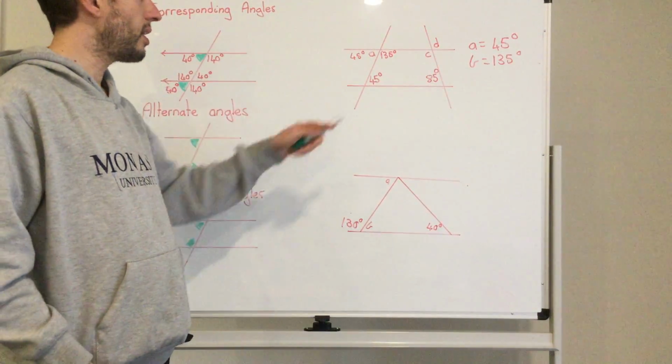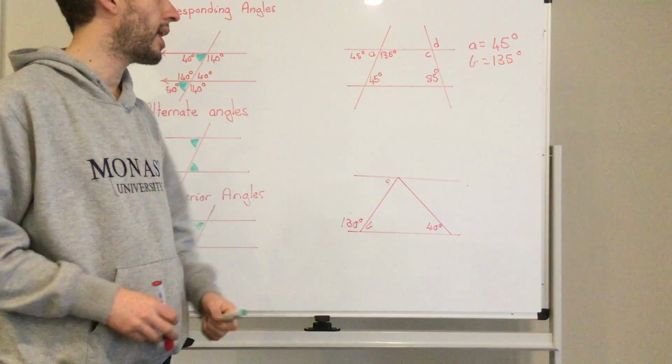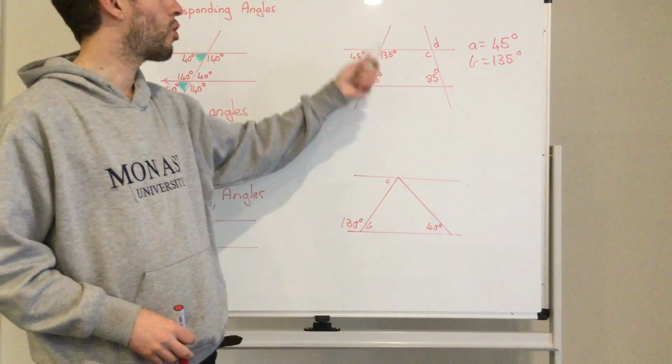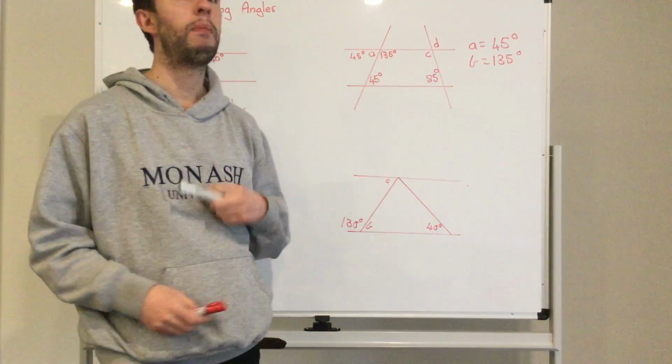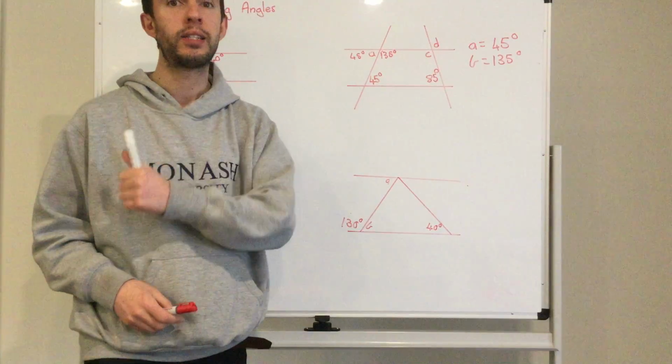Now there's exactly the same thing here, but there's two ways I can do it. I know a quadrilateral, a four-sided shape, all four of these must add up to 360 degrees.